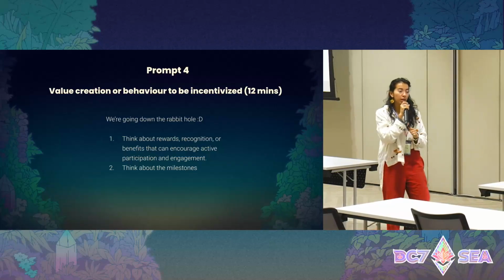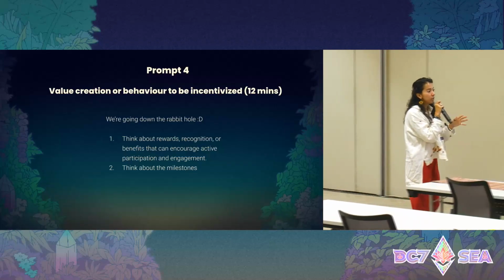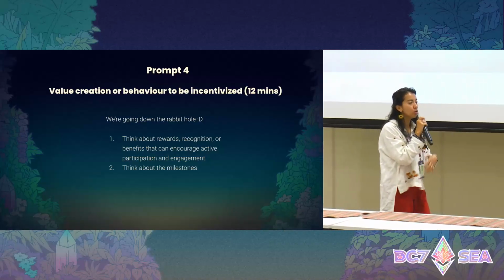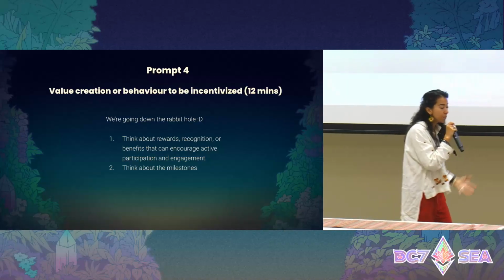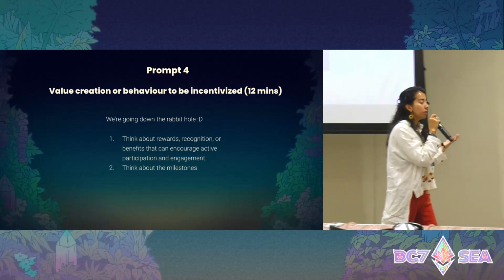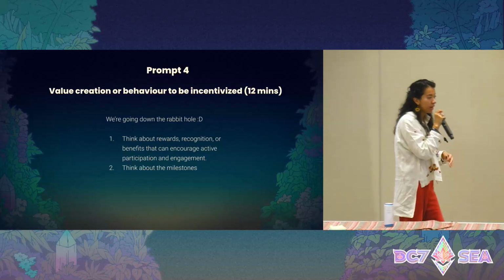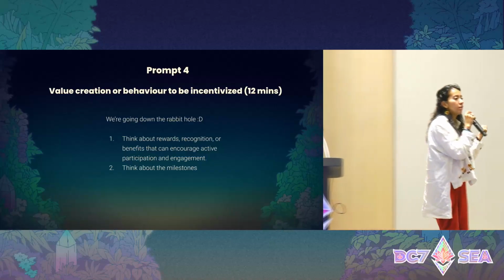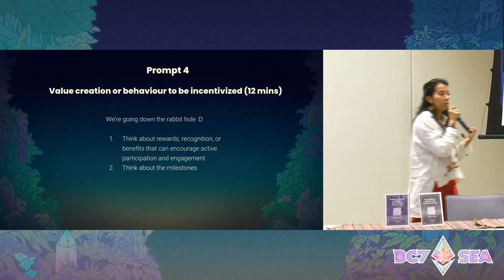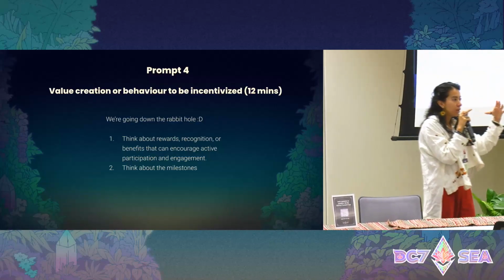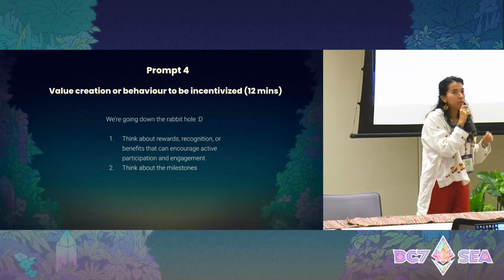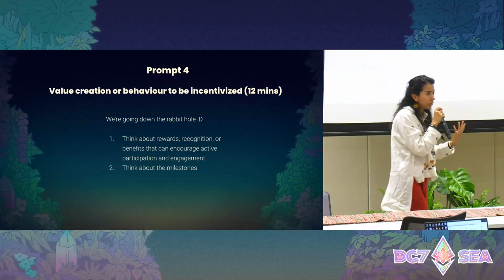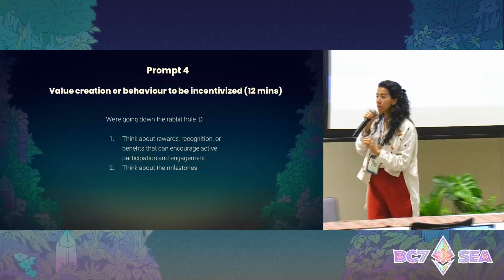So again, if it's a local community and what they want is to preserve a particular area, then maybe we're going to be looking at planting trees or having a healthier ecosystem. And then how do we define what a healthy ecosystem looks like? Is it the number of trees that are in a specific space? Is it the type of behavior that people are having when going around? So this is what we're going to be looking at.